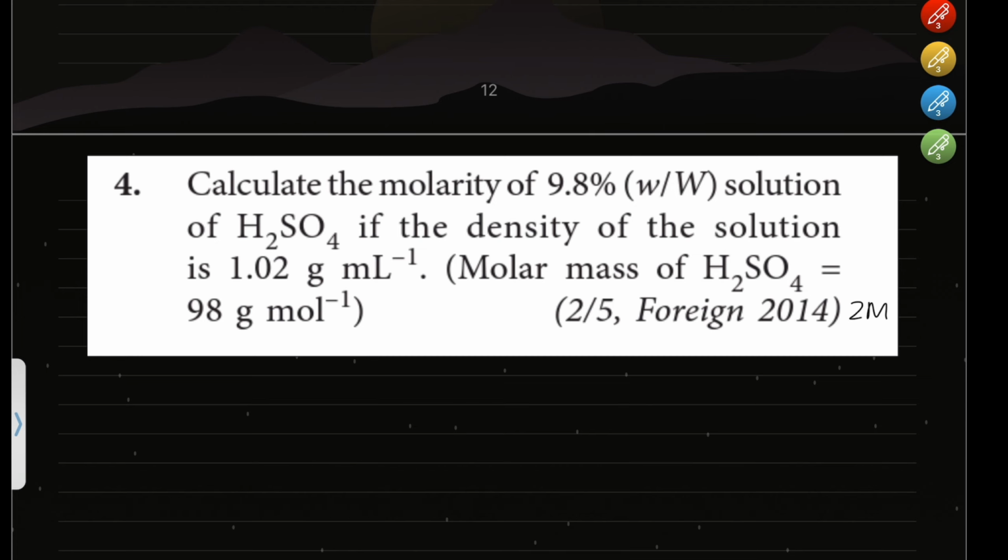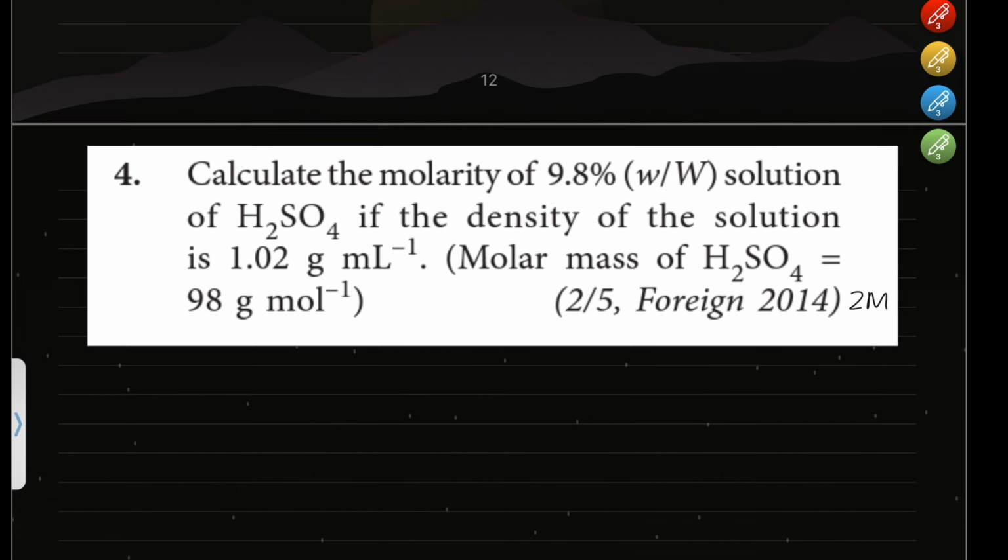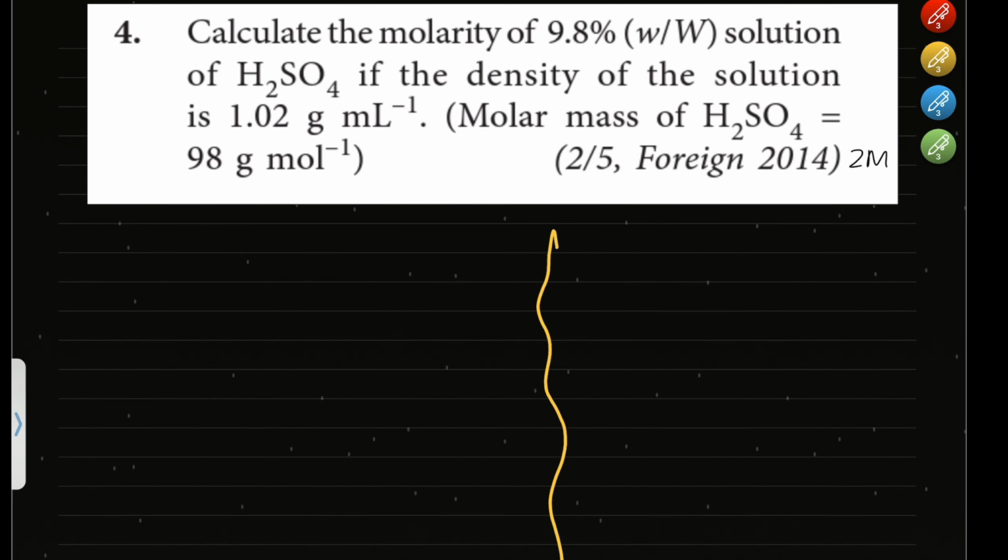Calculate the molarity. Here we can understand the relation between density of the solution, molarity and weight percent.